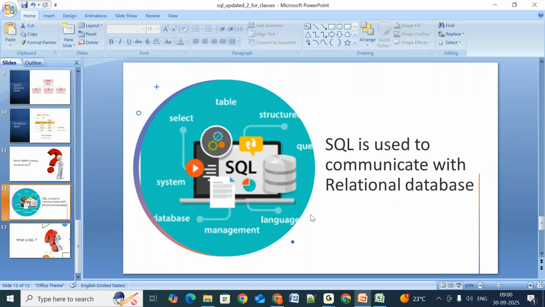So SQL is a medium. You and I are talking now, right? You guys know English, I know English, so together we have English as a medium. If you know some other language like Japanese, I can't understand Japanese. I know only Telugu and Hindi. If you know English, for me it's fine.